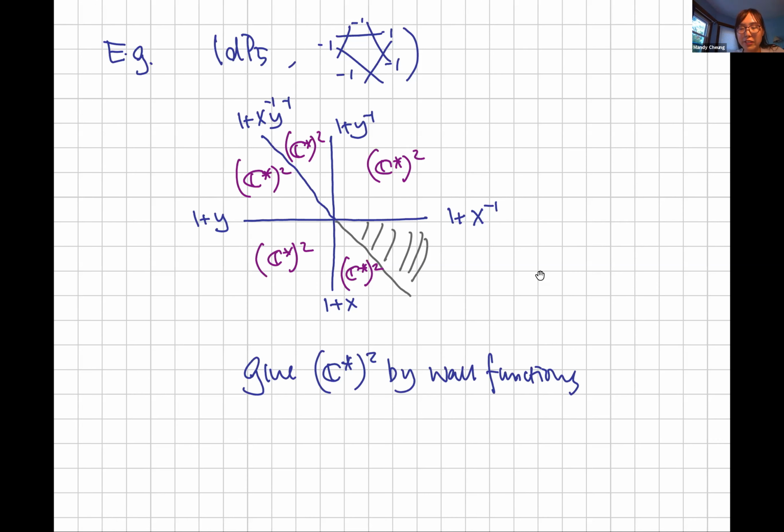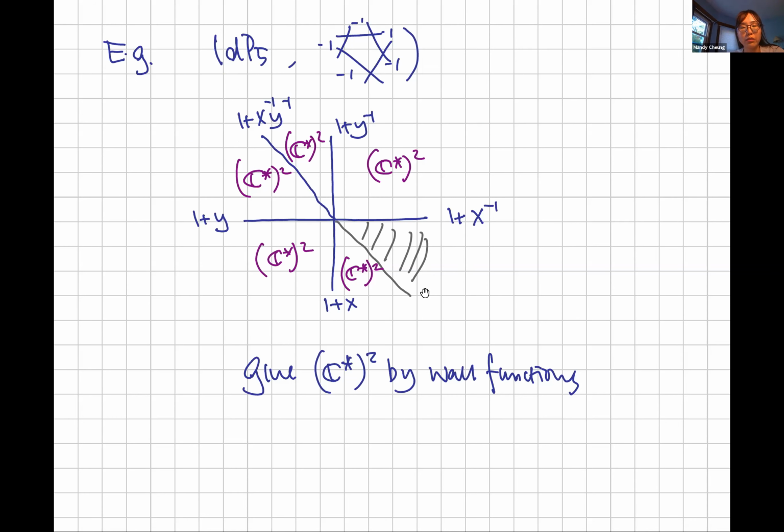And then I have the same thing as I did in the first part of the talk. What I did is I associate each maximal cone with a torus, and then I glue it by the wall function. It's basically the same thing, other than that now in this canonical scattering diagram, I turn my underlying base to be an affine manifold instead of just M_R or N_R.